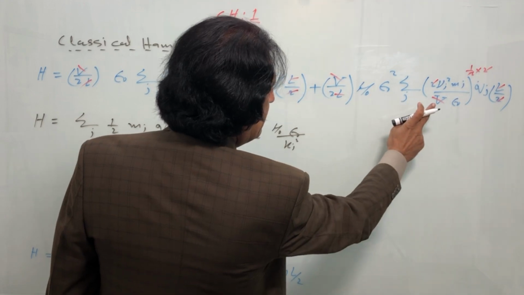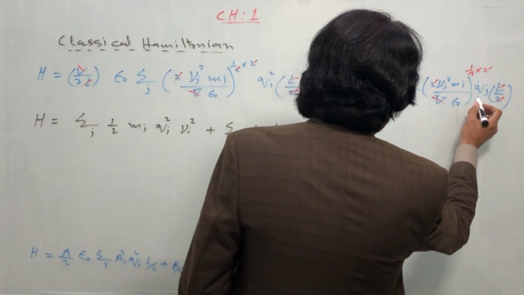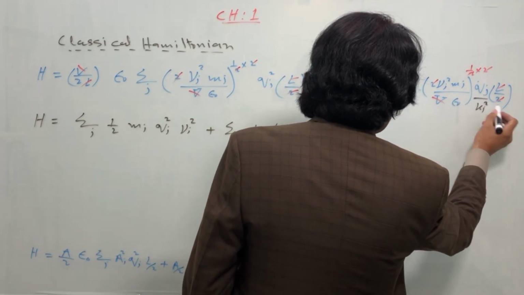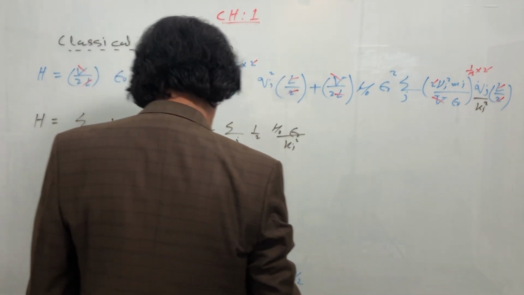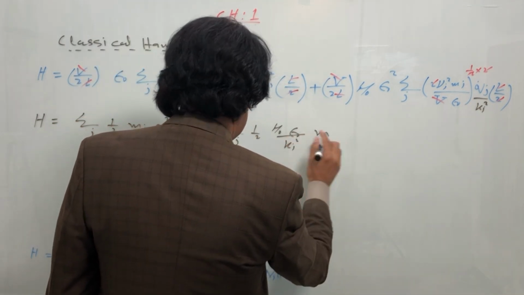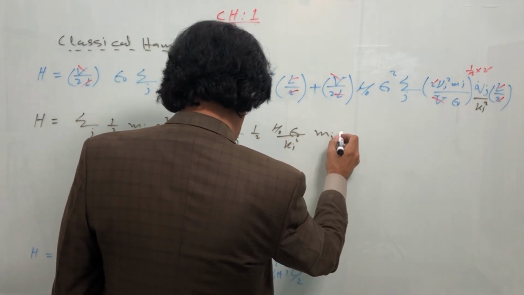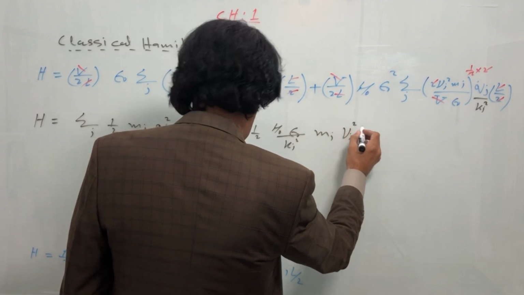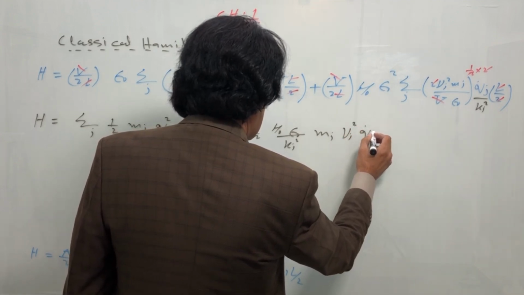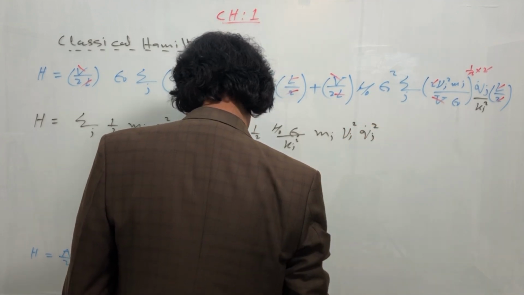We have forgotten here, we have kj square as well, mj and nu j square q dot j square.